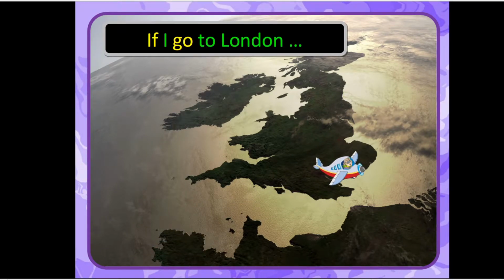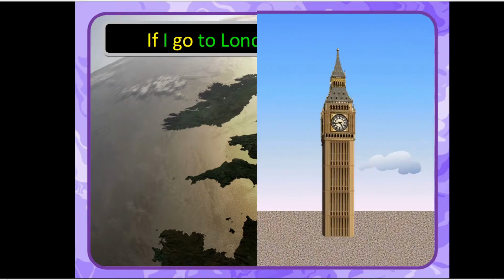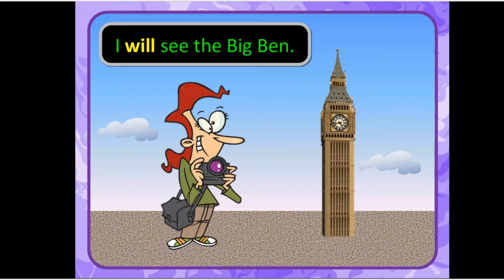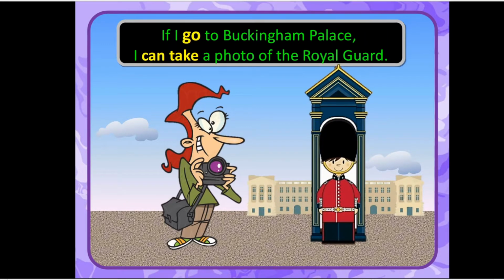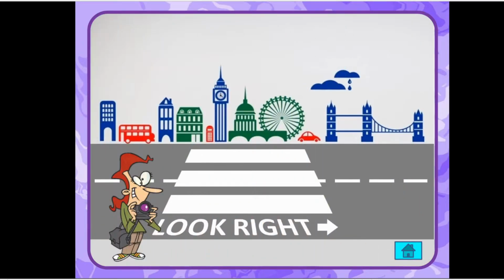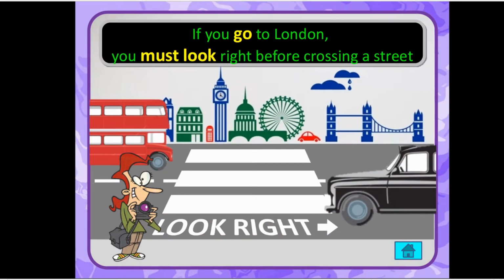If I go to London, I will see the Big Ben. If I go to Buckingham Palace, I can take a photo of the Royal Guard. If you go to London, you must look right before crossing a street.